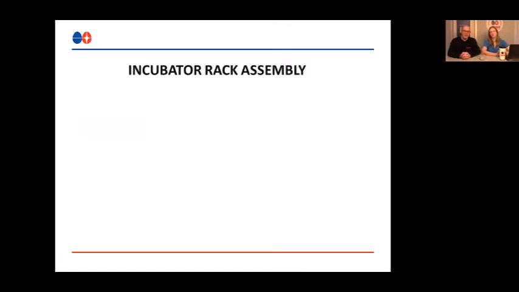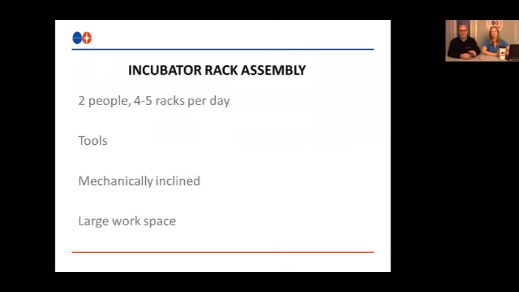For incubator rack assembly, this can be a very large part of a project. Many projects order anywhere from 20 to hundreds or thousands of racks. So it's a very important part of this process, and there's some key things to remember or plan for your rack assembly process.